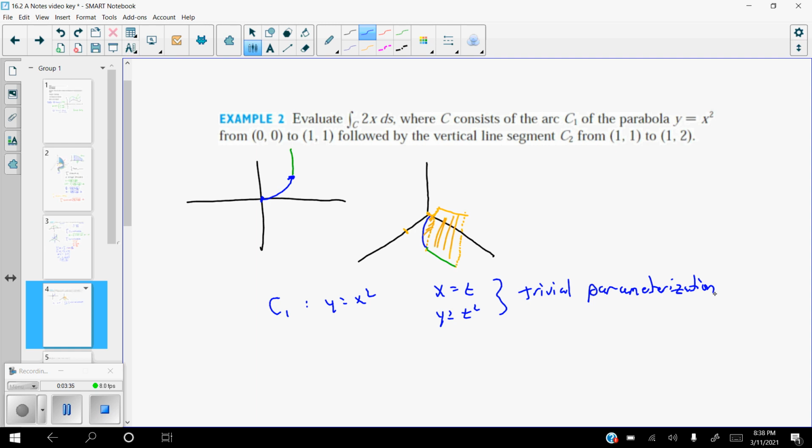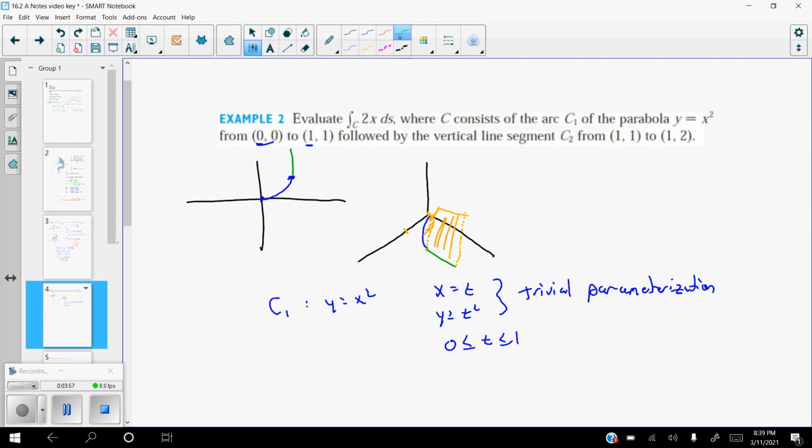And we know that's going to go from 0 to 1, because if I plug 0 and 1 in for both x and y, I get 0 to 1. So in this case, t is going to go from 0 to 1. Not always the case, but in this case it will be.